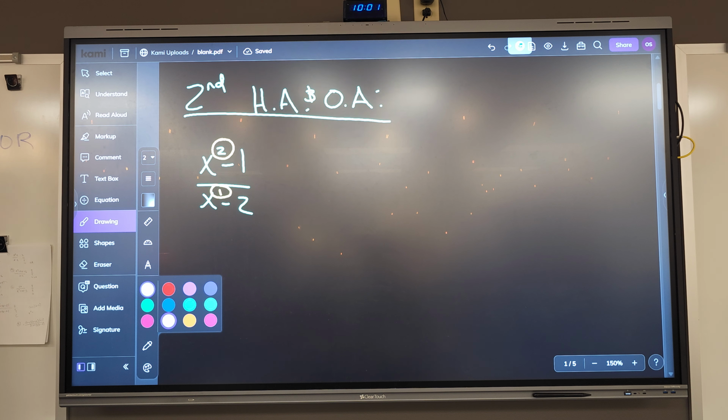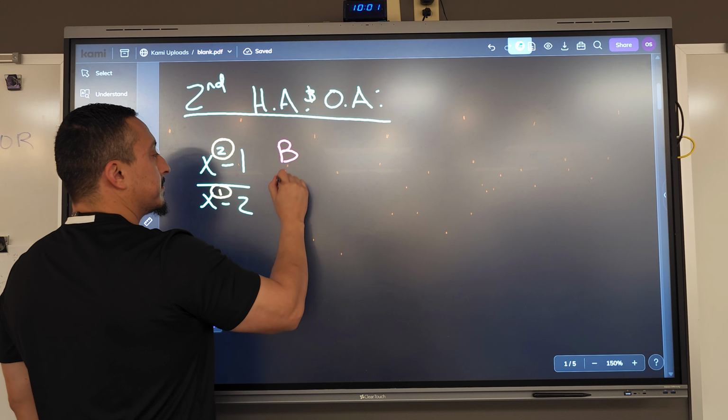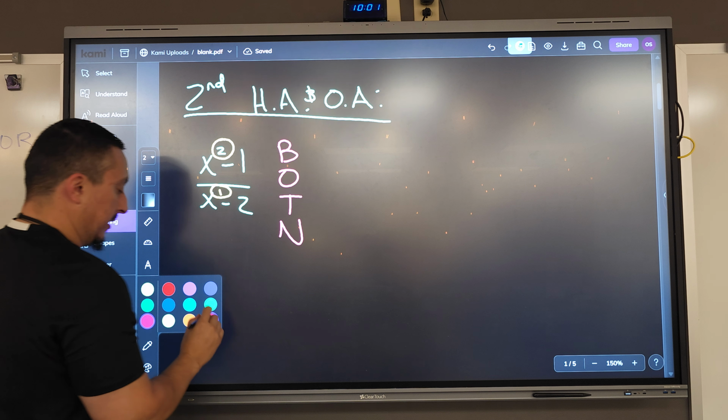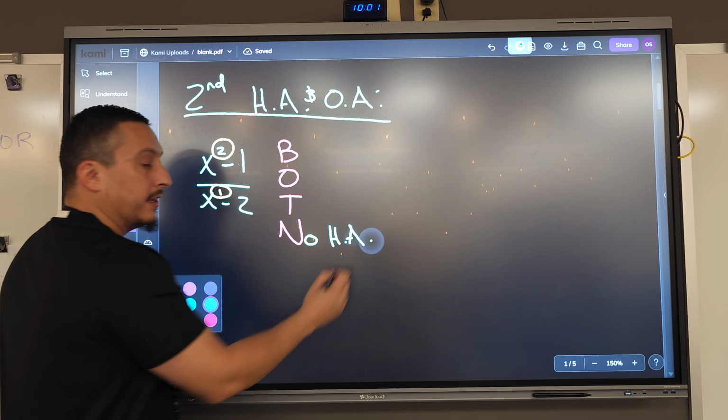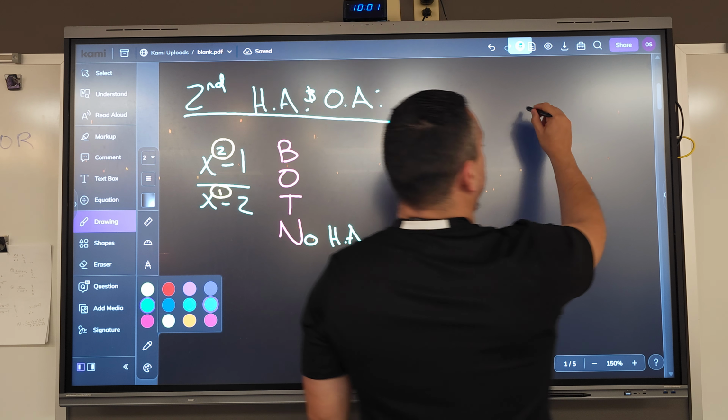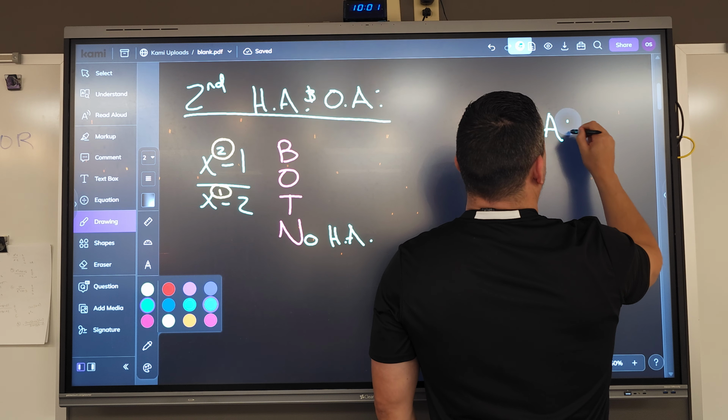What is that called? Bobo button or Betsy? Button, right? Bigger on top. So this is a button problem, and the N stands for no HA. So there's one of your answers already. HA is none.